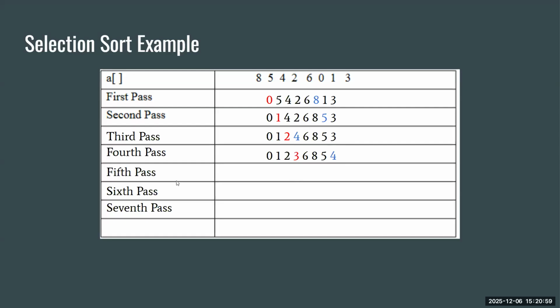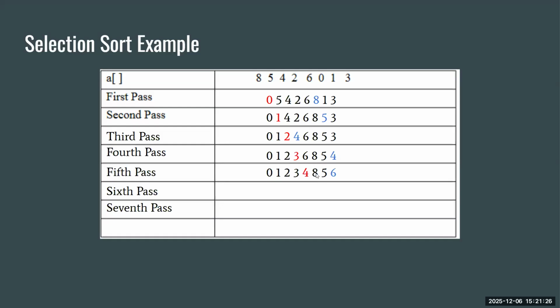And then for the fifth pass, we're now in the fifth position. So the next minimum value is 4. So 6 and 4 are going to be swapped. And then for the sixth pass, we're going to be in the sixth position, index 5.